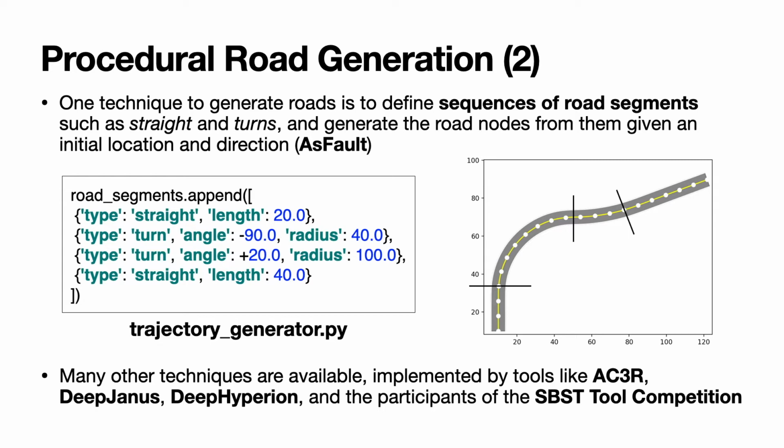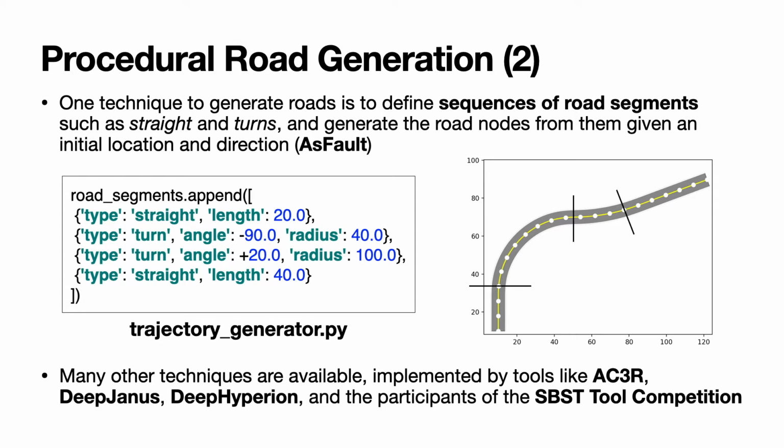There are other ways of generating roads. For example, systems like Asphalt abstract the road generation from a pure sequence of nodes into a sequence of road segments. So one can imagine a road as an object that is defined by segments like go straight for 100 meters, then turn left with a 90-degree turn of radius 40, and so on.